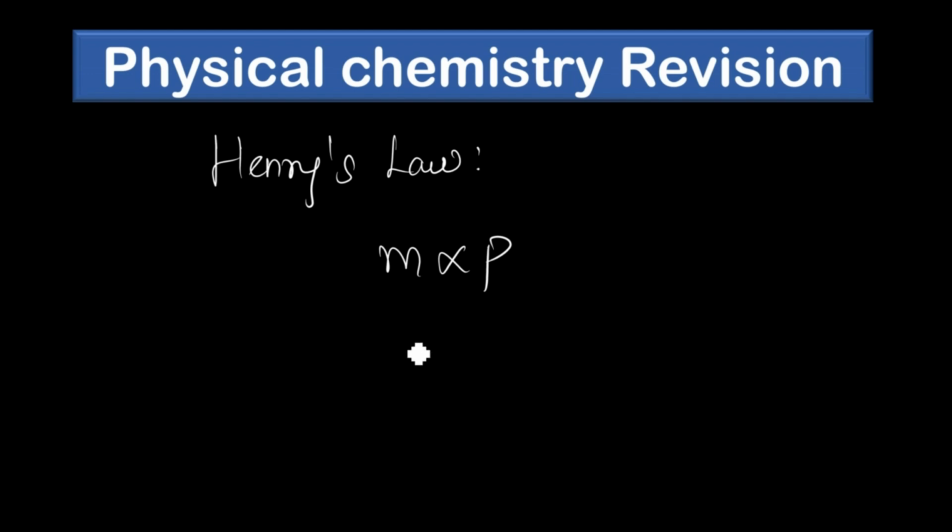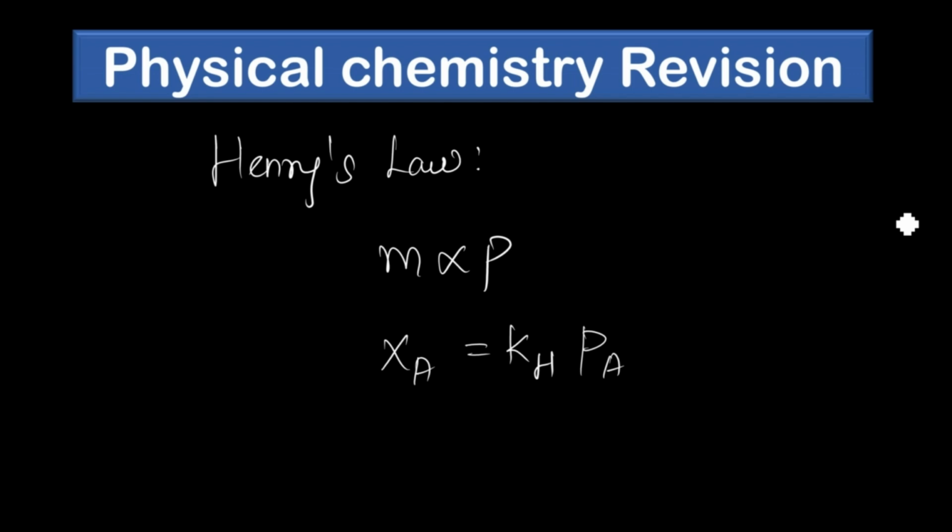So we can write that as chi A, which is equal to Henry's law constant into pressure of A. Similarly you can write it for solution B as well. Okay. So that's it about this chapter.